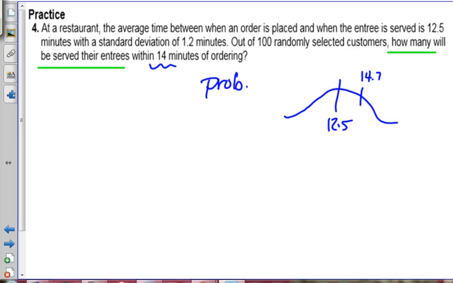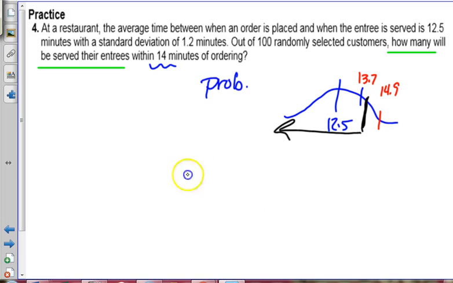Somebody help me. And the next standard deviation would be 1.2 more than that, 14.9. So we want to know somewhere in here at 14 minutes, and down, within 14 minutes of ordering, right? So 14 minutes or less, everybody good?